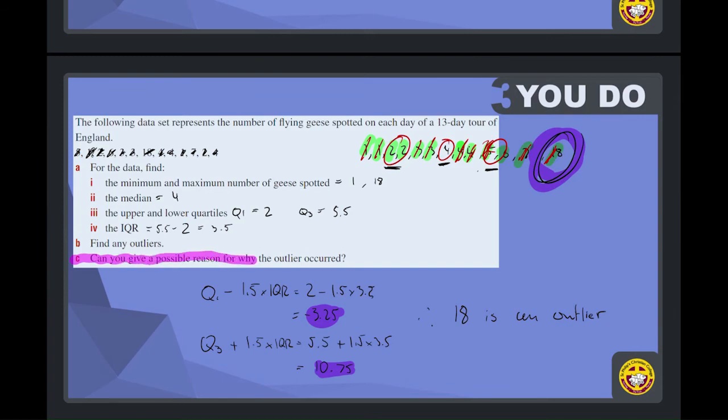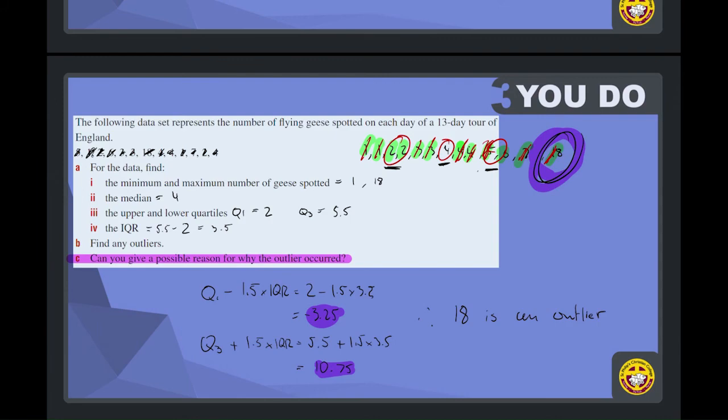Now, I haven't written down an answer for this question here, but I want to talk about it because we're going to get this kind of question a lot going forward in this lesson, but also in subsequent years, especially if you get into standard maths in the HSC. We have a whole bunch of data and we're going to be asked to explain what's happening. Can we give a possible reason why we have an outlier of 18 in this data?